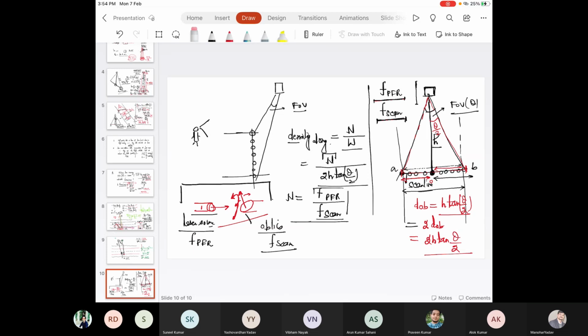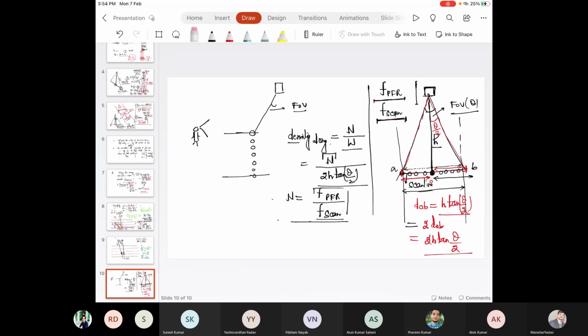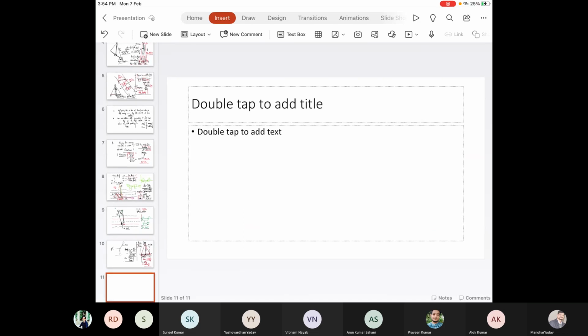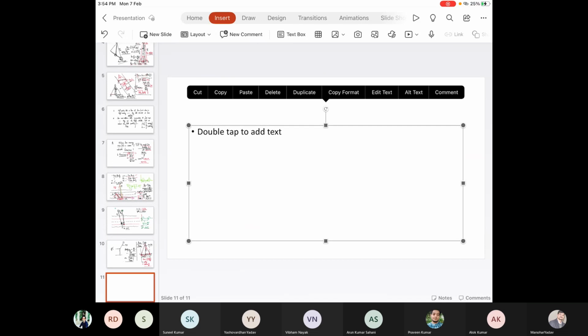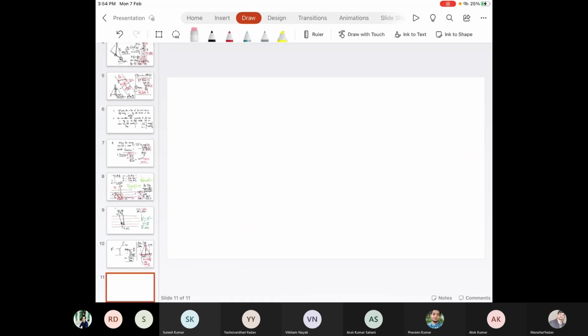Let me write it: capital N is equal to the number of points fired in 1 second divided by the number of scan lines generated in 1 second.